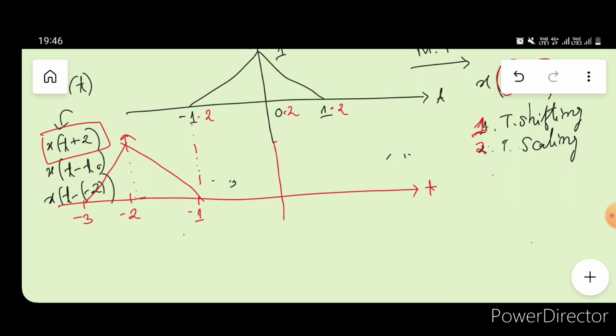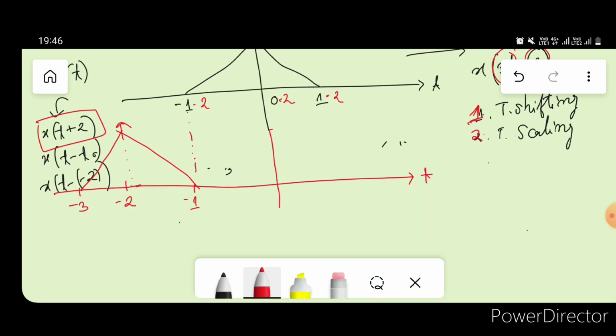Next, in step 2, we have to perform the scaling of the signal, that is, x of 3t plus 2. As we learned in our previous lectures, whenever there is scaling of the signal by x of alpha t, we simply divide the time axis by alpha. So here also we divide by 3 units, so minus 3 is divided by 3, and minus 2 is divided by 3, and minus 1 is divided by 3.